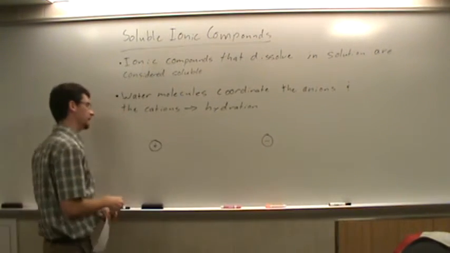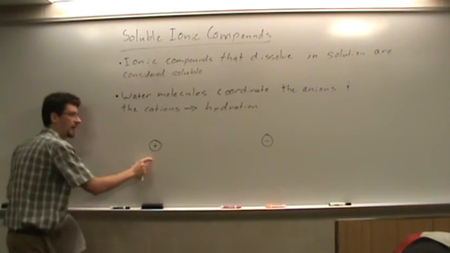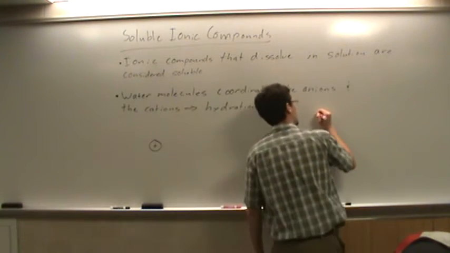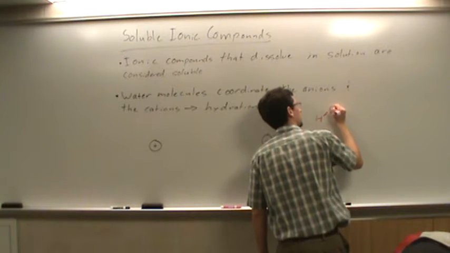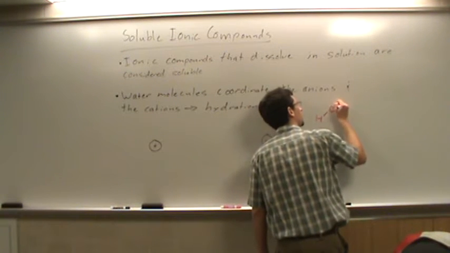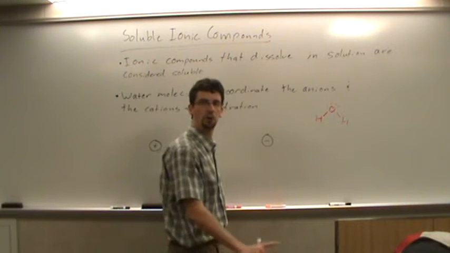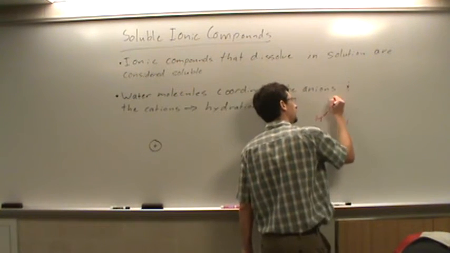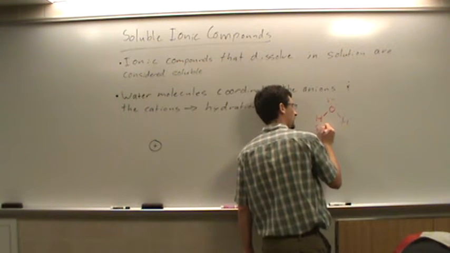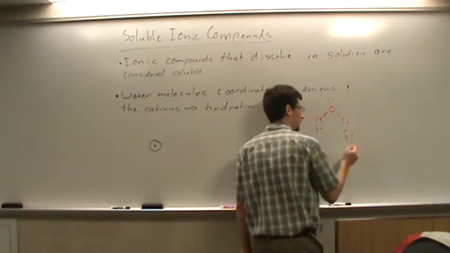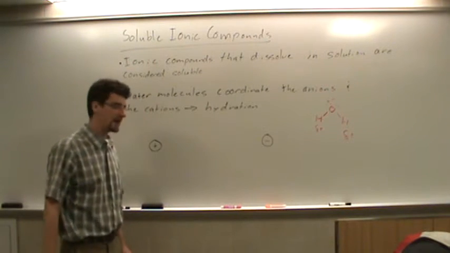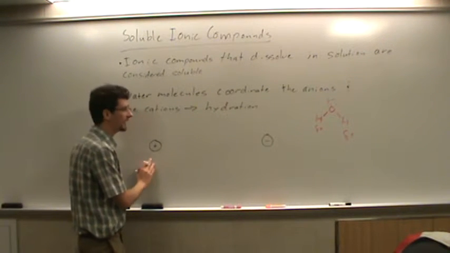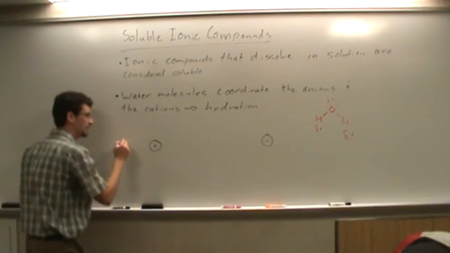If we look at our cation, which is positively charged, and we consider the Lewis dot structure of water, we know there's an overall dipole moment pointing in this direction, with a partial negative on the oxygen and a partial positive on the hydrogens. So the oxygens, which are partially negative, should be more attracted to the cation.